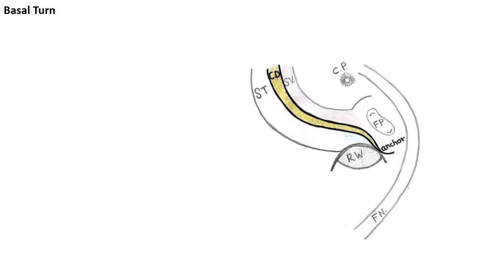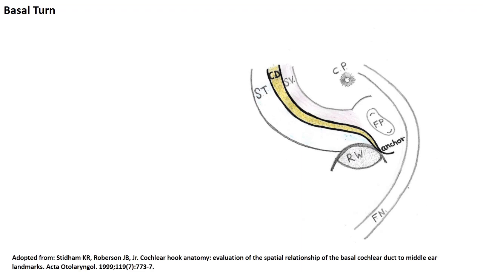This, in my opinion, is a very important illustration, adopted from Stidham in 1999, and it shows clearly the relation of the cochlear duct, and above it the scala vestibuli, and below it the scala tympani, to the round window area.